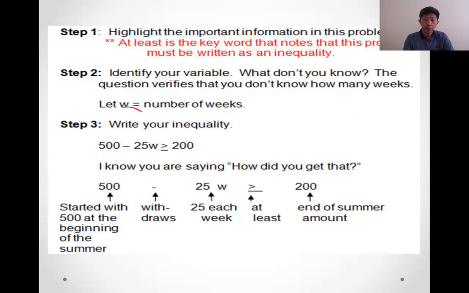So we write an inequality like this: 500 minus 25W, all right? And then since this is at least, right? At least, so therefore we have greater than or equal to, right? At least $200. So 500 minus 25W greater than or equal to 200, right?